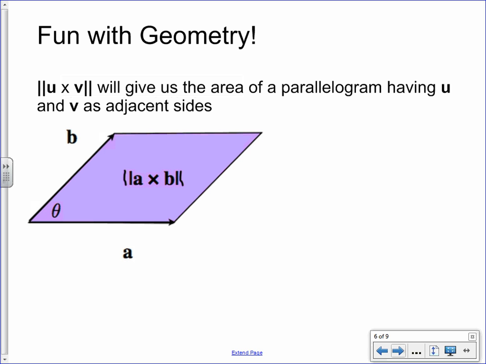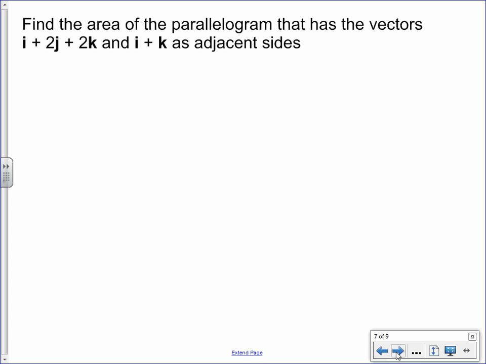All right. So I have a parallelogram with adjacent sides of vectors 1, 2, 2, and this would be the vector 1, 0, 1. Be careful when there's only 2 letters, one is missing, that means it's a 0. So what we can do is find the cross product.